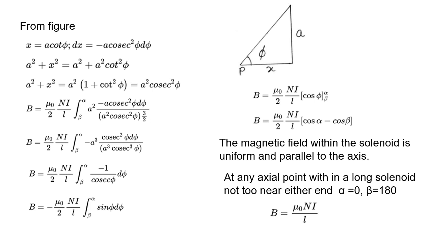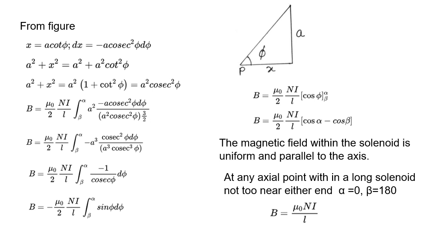Substituting this value in the equation, B comes as μ₀/2 (NI/L) integration from β to α of (−a cosec² φ dφ)/(a² cosec² φ)^(3/2). Again, B equals μ₀/2 (NI/L) integration from β to α of minus a cosec² φ dφ upon a³ cosec³ φ.